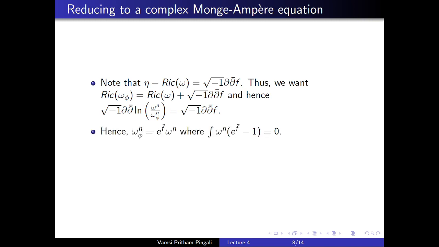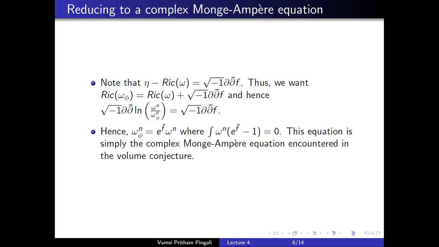So what this is saying is del del bar of something equals del del bar of something else. That means the difference of these two is a constant, as I mentioned a lecture or two ago. Okay. So the bottom line is omega phi raised to n is some function times omega raised to n, such that the integrals on both sides are equal.